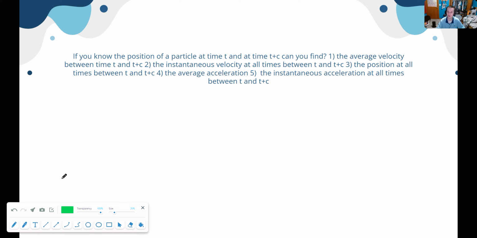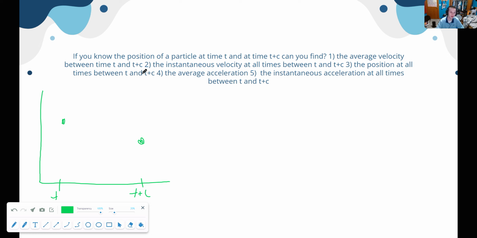So this is a little bit more of a review question. It has a little bit more to do with kinematics than our actual two-dimensional motion, but nevertheless, I think this is a good problem. So at some time t, we have our particle up here, and then at some time t plus c, we have our particle right here. Okay, so let's go through each item one at a time and see if we can figure out if these are true or false.